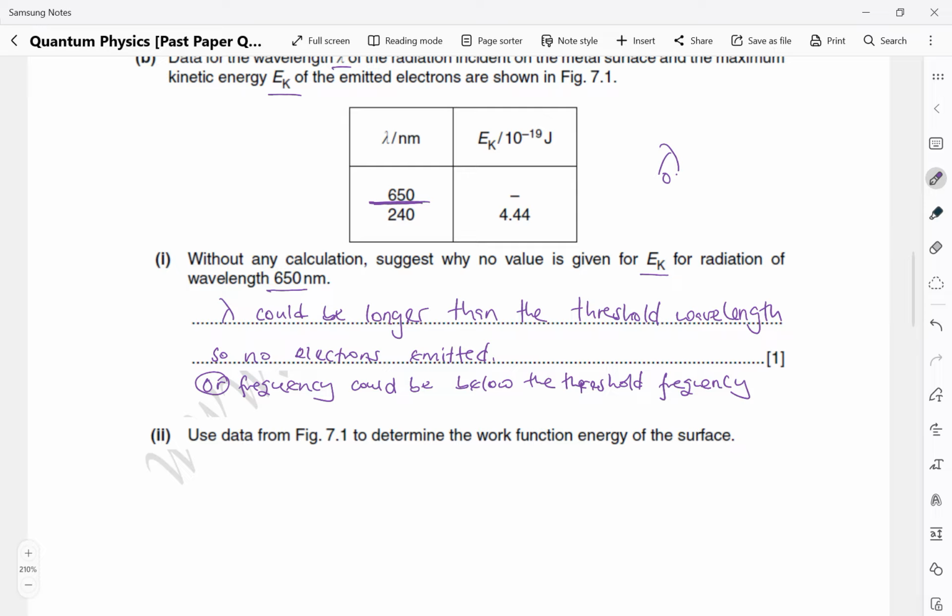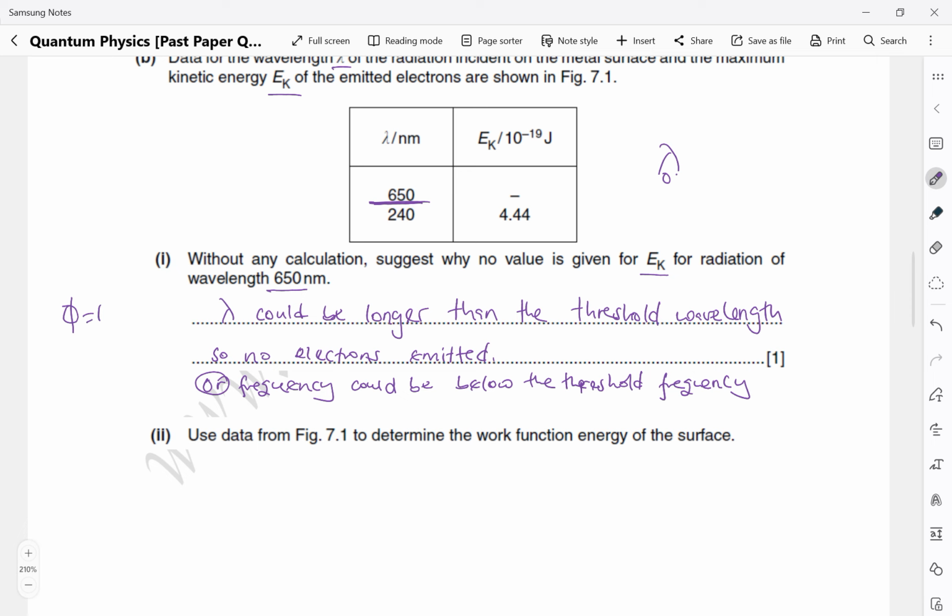So there is a minimum frequency below which no photoelectric emission occurs, and that minimum frequency is called the threshold frequency. So a longer wavelength is equivalent to a smaller frequency, since they're inversely proportional.